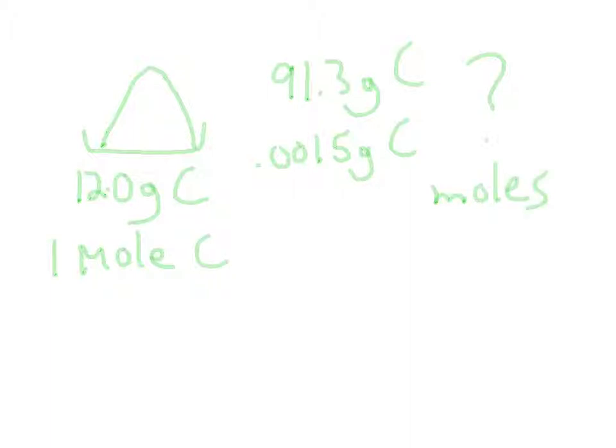If we have, let's get a laser pointer here, 91.3 grams of carbon, how many moles of carbon do we have? If we have 0.0015 grams of carbon, how many moles do we have? We know that in a 12 gram sample of carbon, we have 1 mole of carbon.